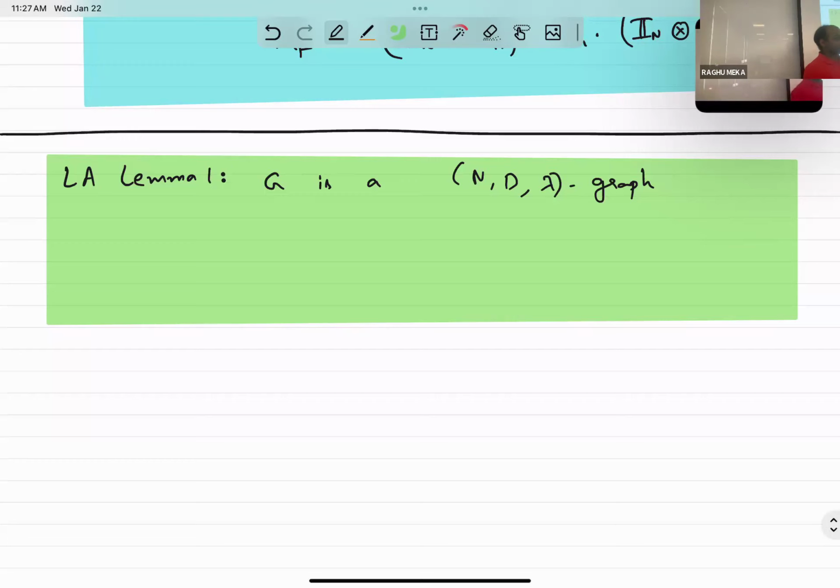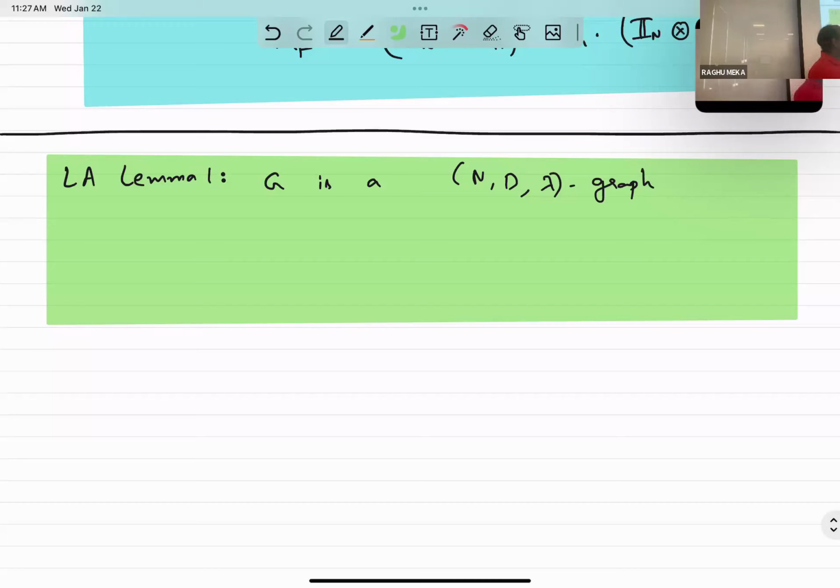It's a D-regular graph. Now, for any D-regular graph, we do know that its largest eigenvalue is 1. The all ones vector is an eigenvector. This is something that we already showed, right?